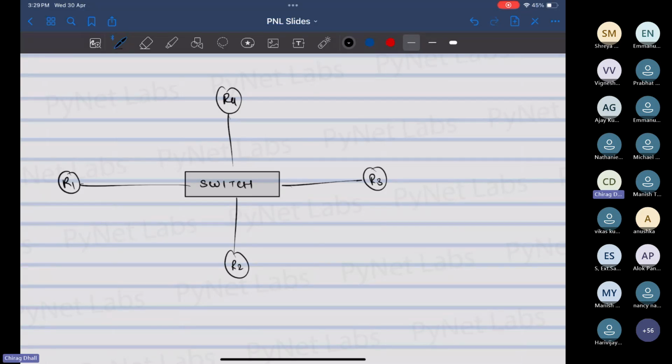Now, in order to exchange the routing information with everyone, R1 will create some neighborships. R1 will create a neighborship with R2, it will require a neighborship with R3, and will also require a neighborship with R4. Similarly, R2 will require a neighborship with R1, then with R3 and with R4. Now R3 also needs a neighborship with all of them.